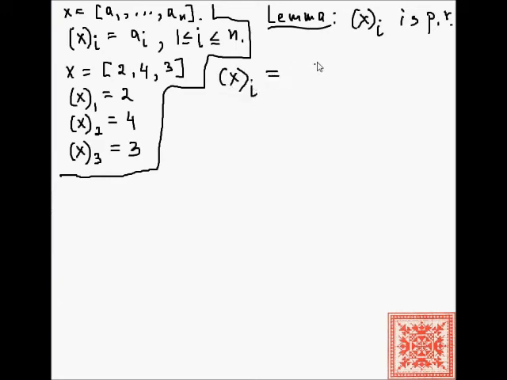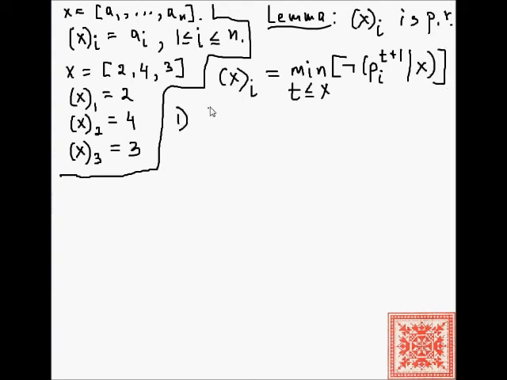And so let's define it. The access function, the ith element, is equal to the minimum t, where t is less than or equal to x, such that the ith prime raised to the power of t plus 1 does not divide x.